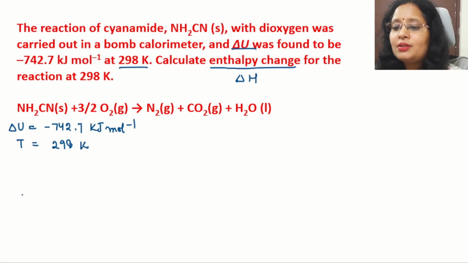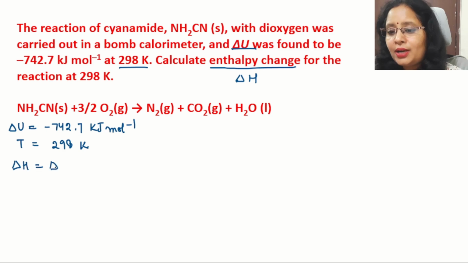Now friends, what relationship have we studied between the internal energy and enthalpy? We have two formulas. First is delta H is equal to delta U plus P delta V, and the second one is delta H is equal to delta U plus delta n g RT.